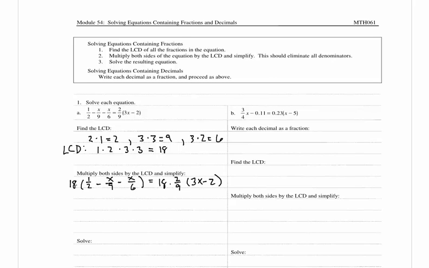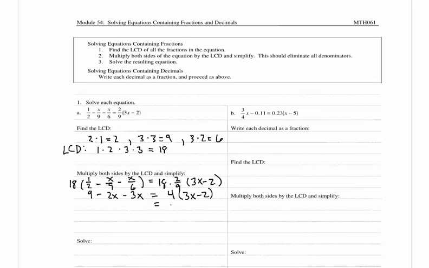And now 18 times 1/2 is equal to 9, minus 18 times x over 9 is equal to 2x. 18 times negative x over 6 is equal to negative 3x. And this is equal to 18 times 2/9 is 4 times 3x minus 2.